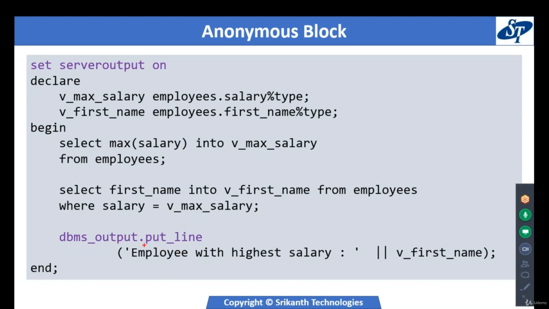So for now, you can say it's just like any other ready-made function to take an action. And the action taken by this is printing this message. But one very important step is this. You have to set server output to on if you want the output from DBMS_OUTPUT to come.